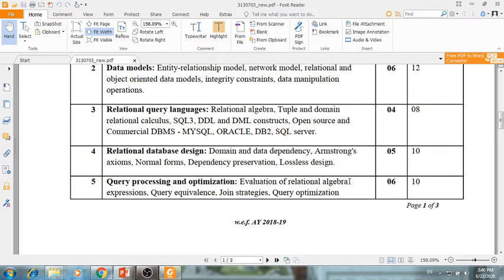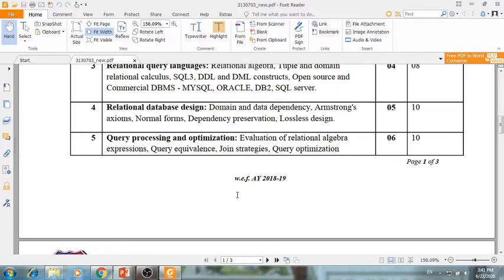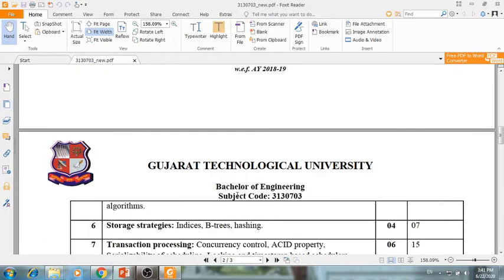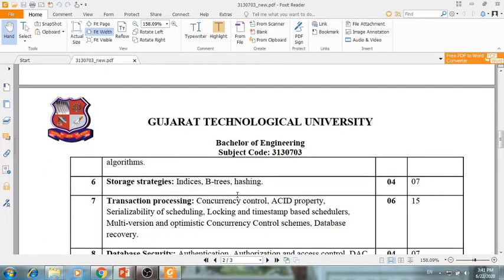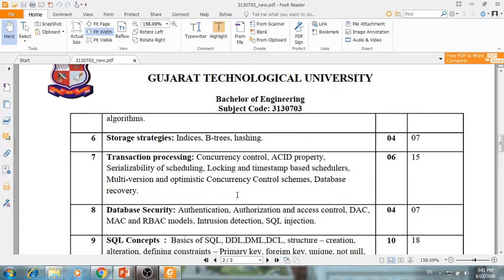Dependency preservation and lossless design will be covered in the fourth unit. After that, among all possible solutions, we have to identify the optimized query which will give you the best output at low cost and low time.